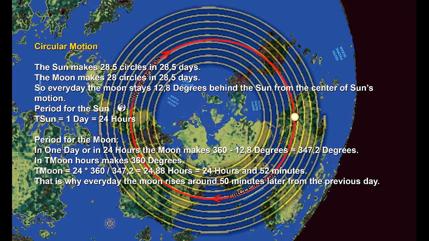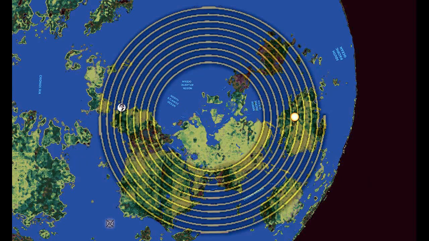In T-Moon hours it makes 360 degrees. T-Moon equals 24 multiplied by 360 divided by 347.2 equals 24.88 hours equals 24 hours and 52 minutes. That is why every day the Moon rises around 50 minutes later than the previous day.